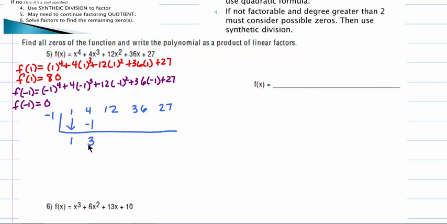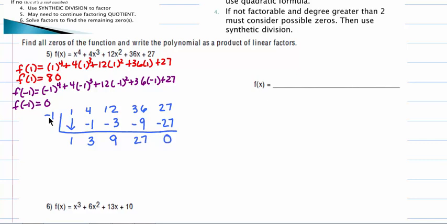Add, I get 3. Negative 1 times 3, I get negative 3. Add, I get 9. Multiply negative 1 times 9, negative 9. Add, I get 27. Negative 1 times 27, negative 27.